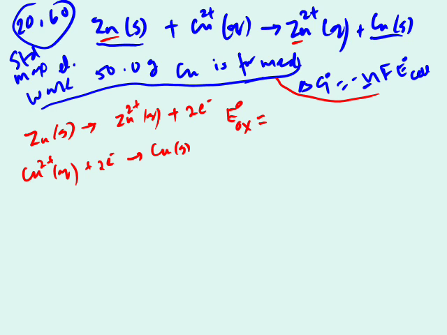The reduction value for this reaction was minus 0.763, so the oxidation has to be plus 0.763, because you reverse the reaction. The second reaction you keep as it is, because the reduction value is known, which is plus 0.337 volt.